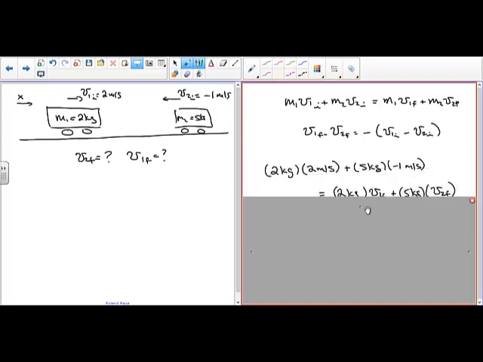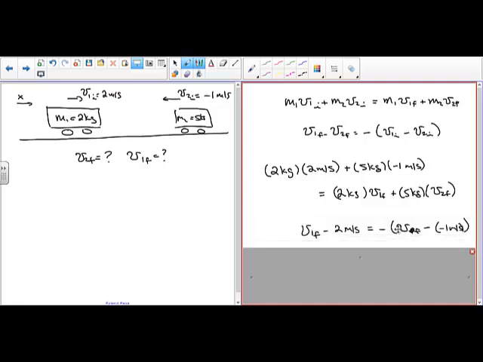So what we can do is we can plug in the numbers that we know. So this is 2 kilograms, 2 meters per second, 5 kilograms, negative 1 meter per second, 2 kilograms times V1 final, and 5 kilograms times V2 final. And this part is wrong, so let me fix that.